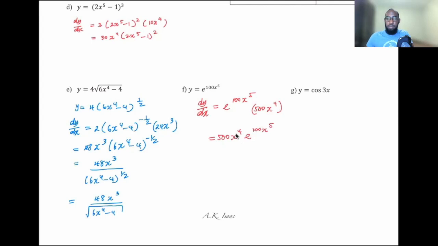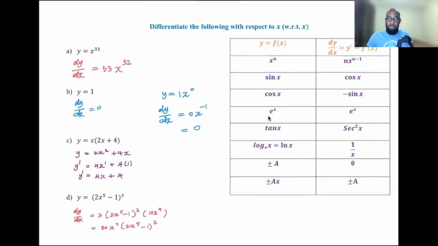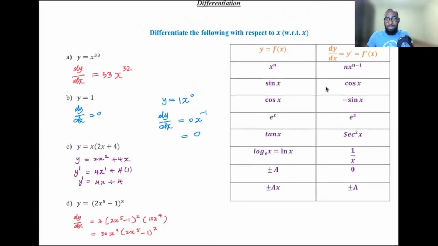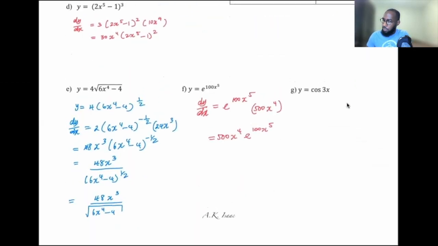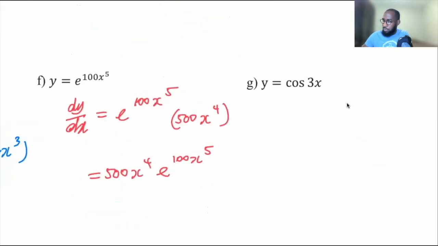Last one, we are looking at this rule here. Well, we know if y equals sin x, dy dx is cos x. If y is cos x, the differential of cos x is negative sin x. You have to pay attention to the ones that have a negative sign, all right? So we have to differentiate y equals cos 3x.